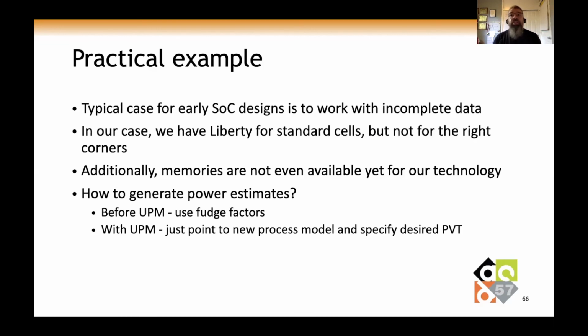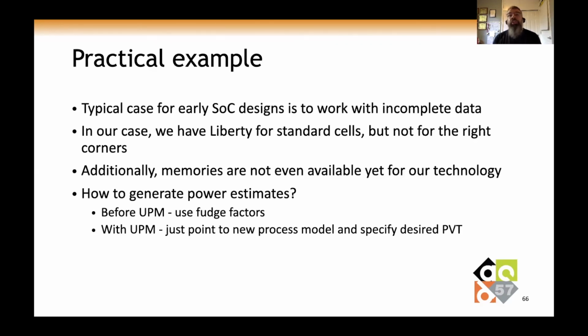We had standard cell libraries, which were generated much early, and they were not using the latest models. So we would have liked to be able to update libraries with the latest models. For the memories, we did not have them in our target technology. We were able to generate them in a different technology and then map to the technology we were targeting.